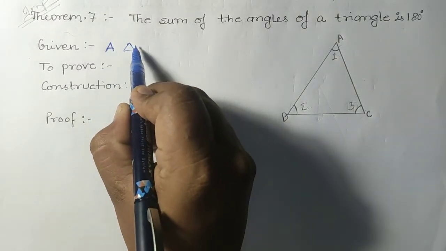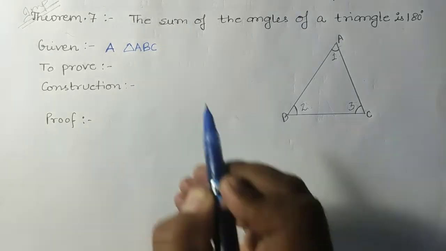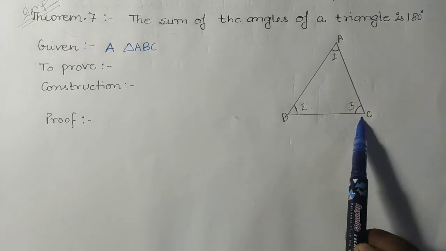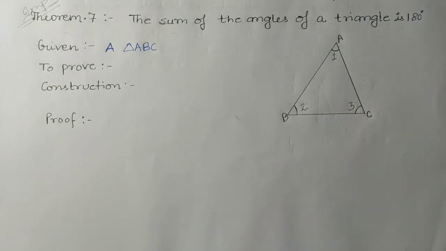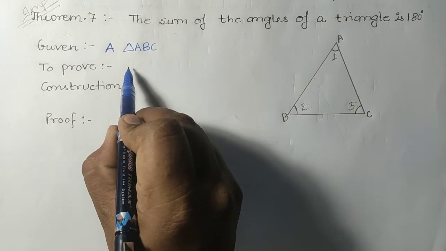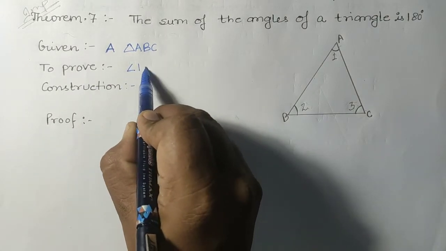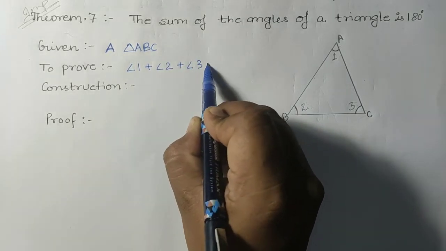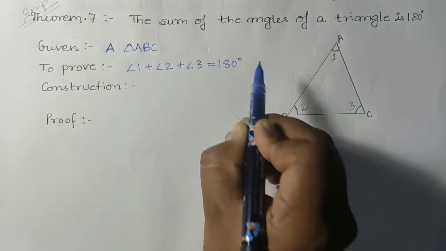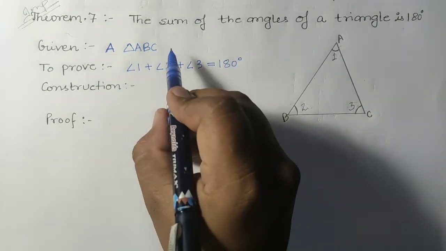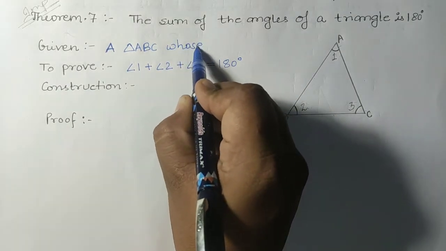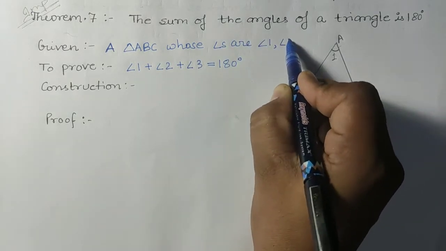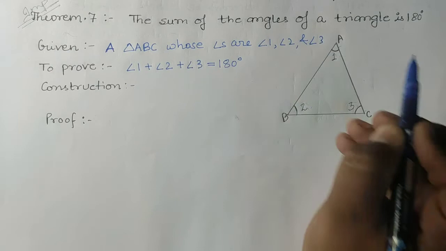So it is given that a triangle ABC whose angles are angle 1, angle 2 and angle 3. What is to prove? We have to prove that the sum of all the angles of a triangle, angle 1 plus angle 2 plus angle 3, is equal to 180 degrees.